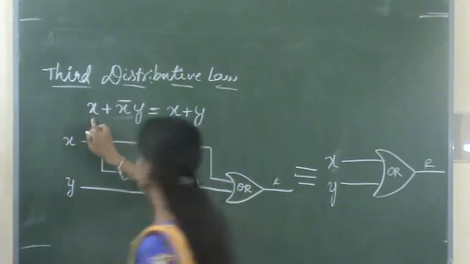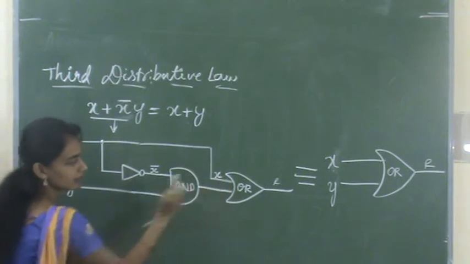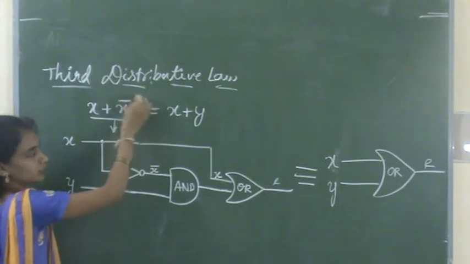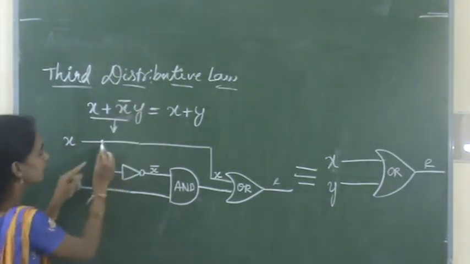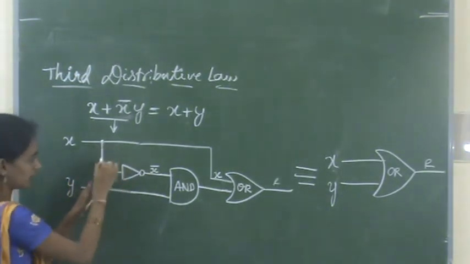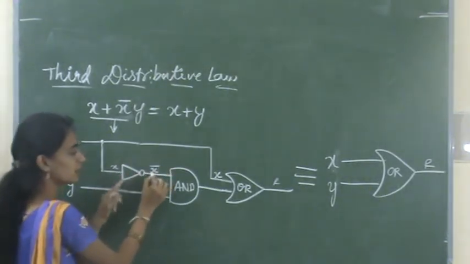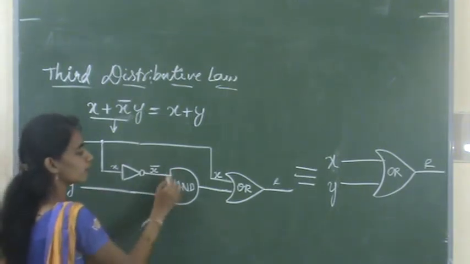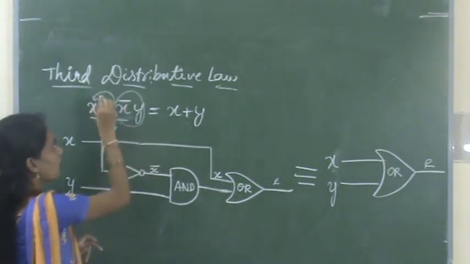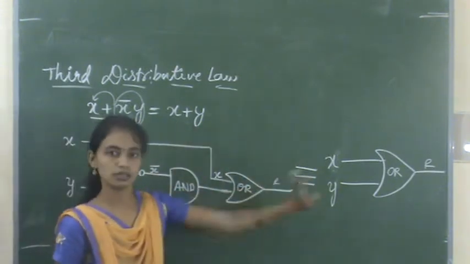So here for this x, we are providing the x value here, right? And we have to perform x bar y. So for that we need x bar, right? And into y. So for x bar we have to take the x as an input here. Okay, so we are taking from here and performing NOT operation. So that gives the x bar. So that x bar and y will perform the AND operation. So the total result will be performing OR operation with the x, right? And then x plus y is this.